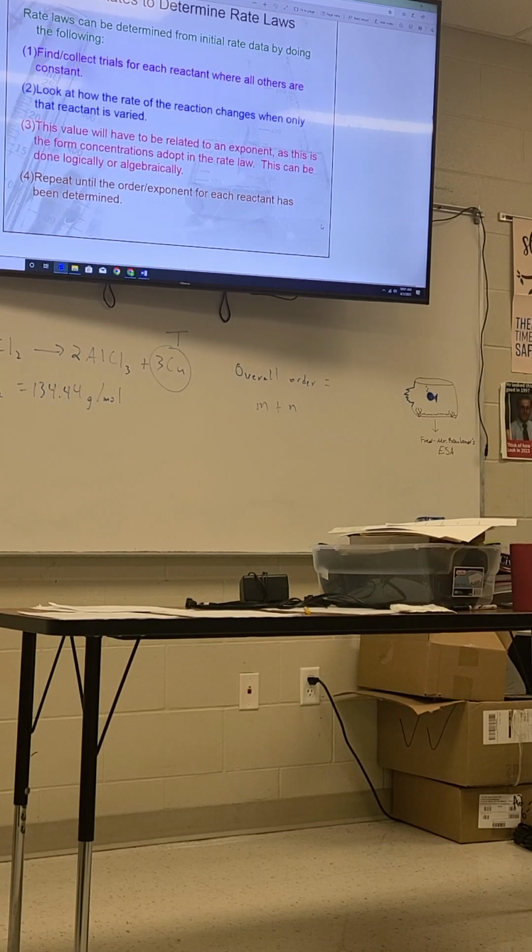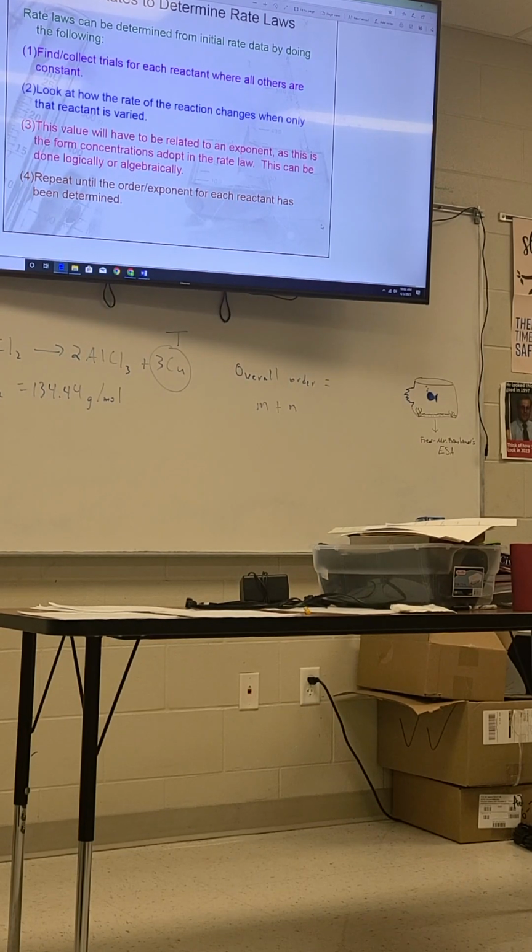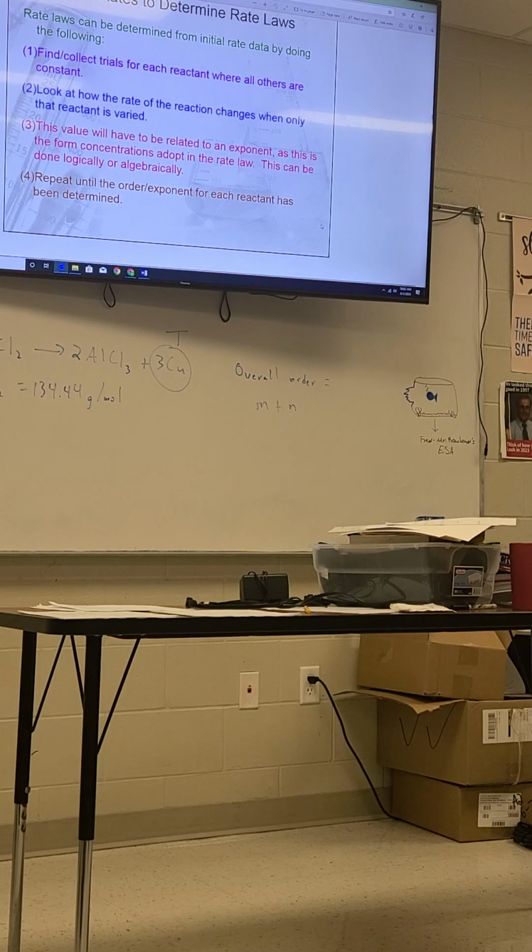All right, so here's kind of the process for determining or using the method of initial rates. Okay, so we need to find some trials where the initial concentration is constant. And then you're actually going to be able to see this. If we do a couple of them, you'll be able to look at it and go, oh yeah, this one's first order, or this one's second order. But we have to walk through the process.